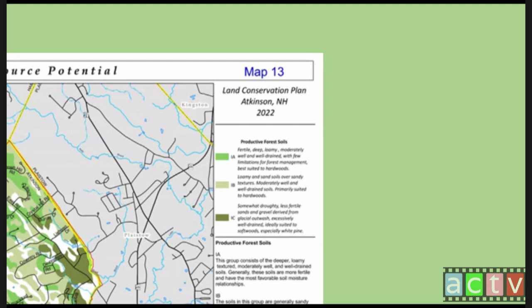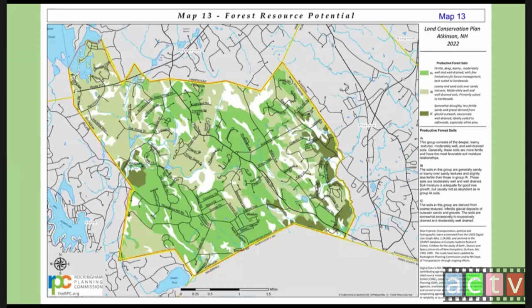So take a look back at the map. There's just a side comment here that I mentioned earlier. We are planning a selective timber cut. The Conservation Commission's periodic timber harvests are not driven by the revenue potential for timber sales. While our selective timber harvests are done to improve the health and diversity of our forests, the revenue from timber sales helps to offset the cost of planning and carrying out the harvest.